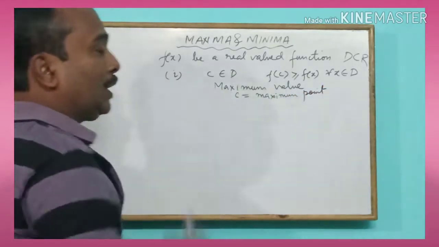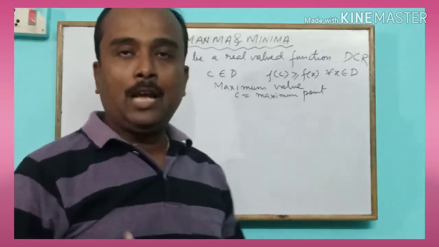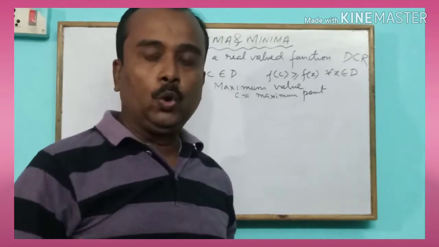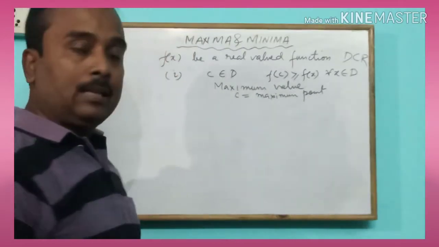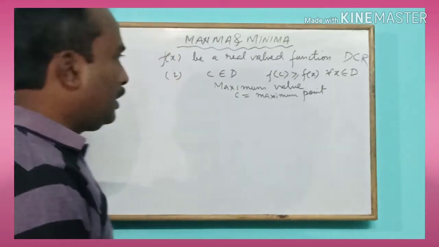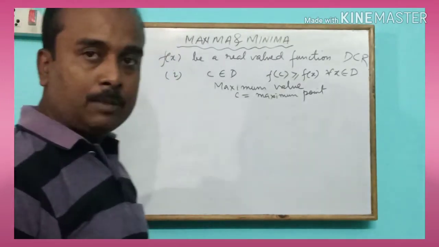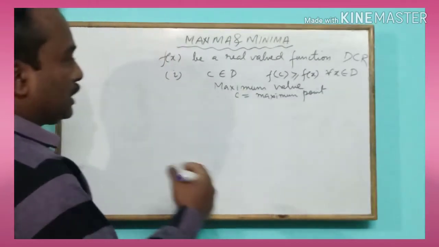This is also known as the absolute maximum, because in the whole region of definition of the function f(x), f(C) is the highest value. If you have understood the maximum value, then the minimum value goes the same way.